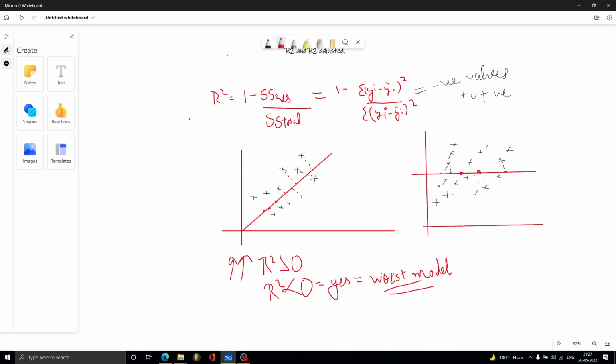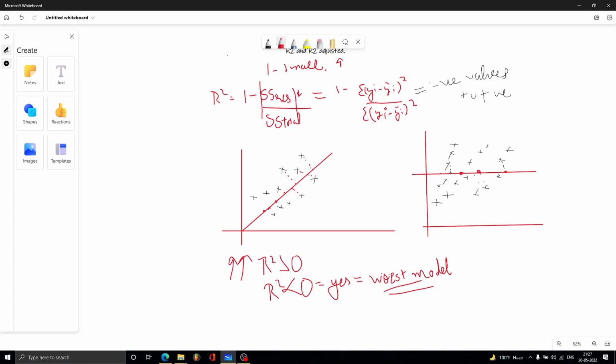Now, I told you that R square keeps on increasing and never decreases. Why? Because with many more iterations, this ratio will get lower and lower, and when it gives a small number, 1 minus a small number is a bigger number, so it keeps on increasing.